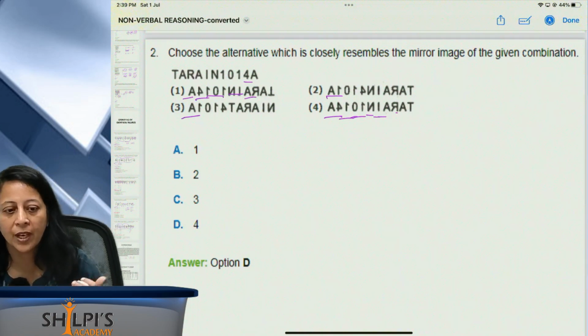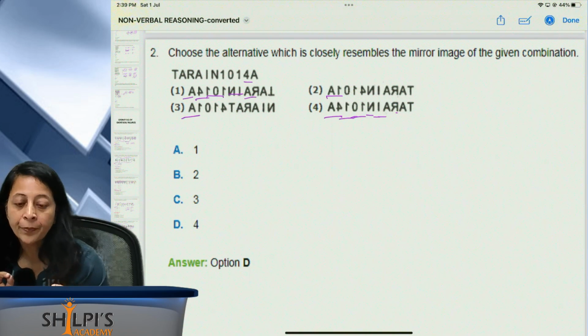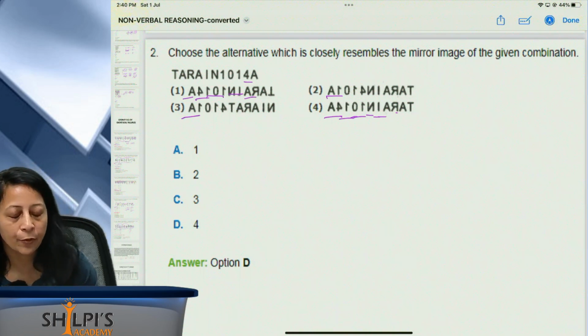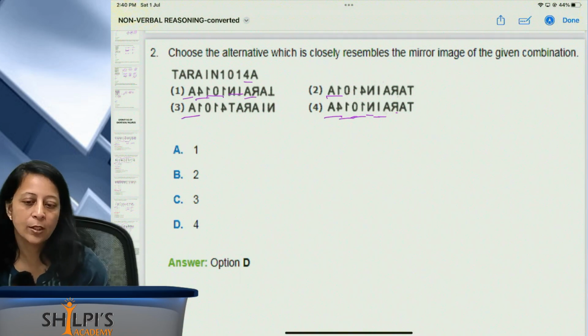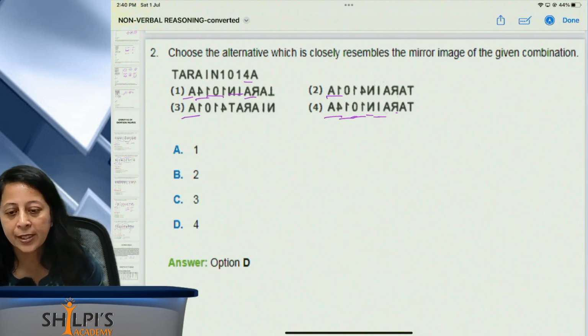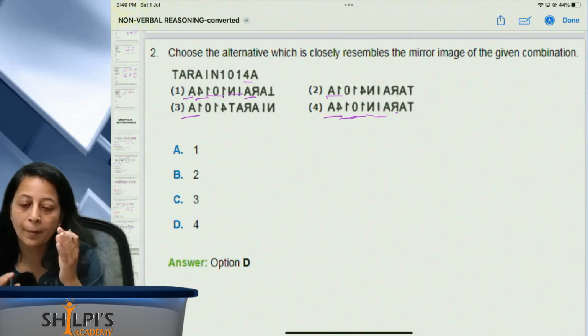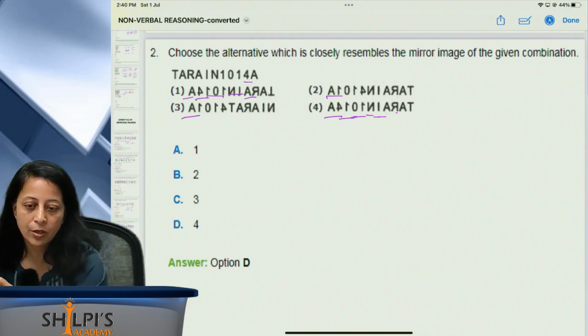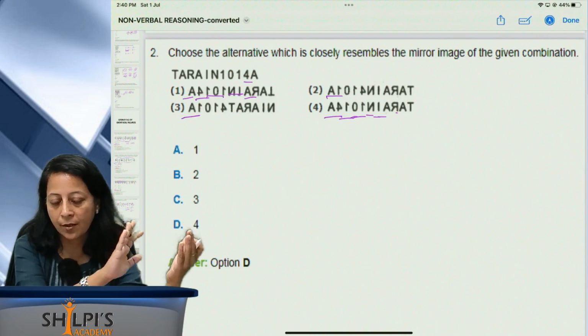So now where we have to look is here. First you look into this type of option. It makes your work very simplified rather than seeing all your mirror images. First you see whether what they have given from left to right is given as right to left.